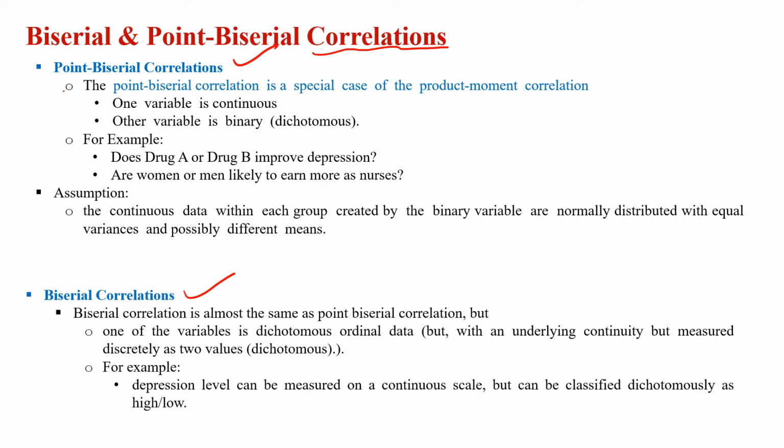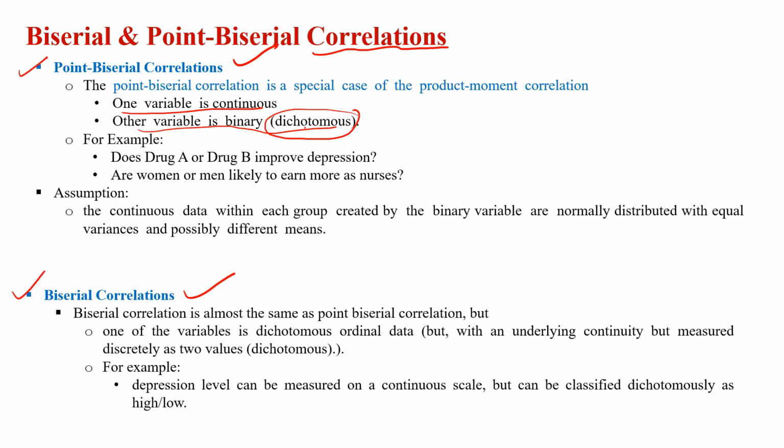Whereas the point biserial correlation coefficient as well as the biserial correlation we can apply when one of the variables is continuous and the other variable is binary, or dichotomous. Now the question is how we can differentiate between the point biserial and the biserial. That is based on the dichotomous variable's nature.